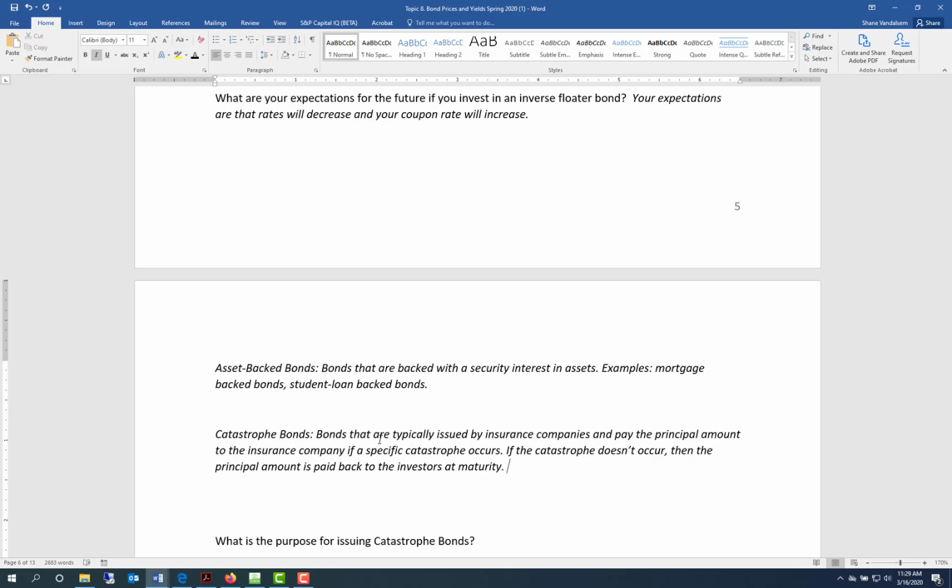The coupon payments are essentially insurance premiums made by the insurance companies to the investors in order to receive this type of insurance.